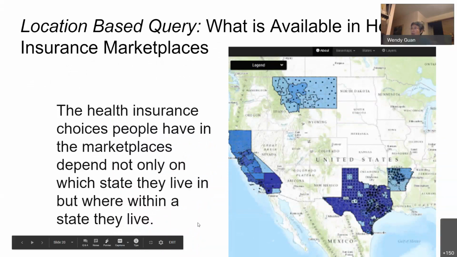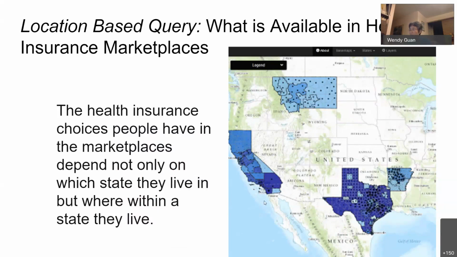This is done for, I believe, a health policy research project where we all know that in the United States, health insurance policies in the Affordable Care Act marketplace vary from location to location. Some places have many options. There are more companies participating in the Affordable Care Program, and in some other places, there are not so many.